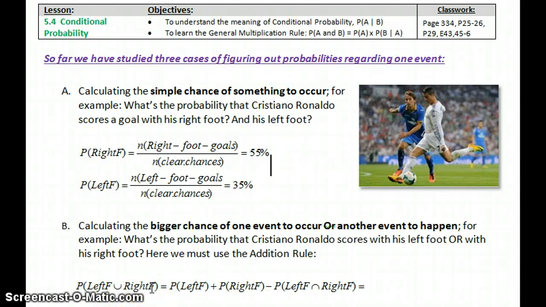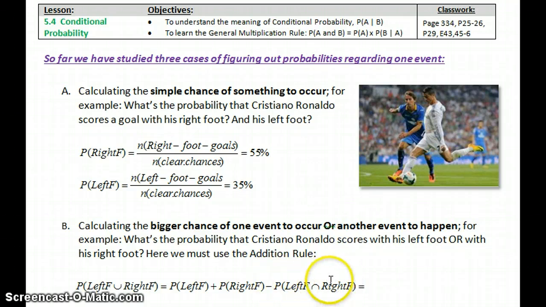In this case, we need to apply the addition rule, which is the probability that Cristiano scores with his left plus the probability of scoring with his right foot minus whatever probability there is in common.